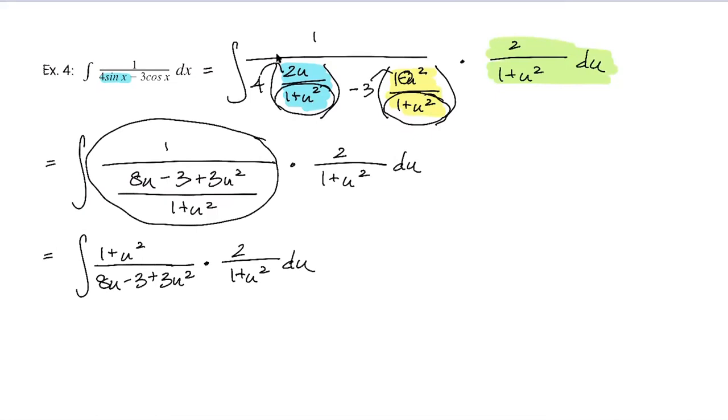Okay, so again, that 1 over just means the reciprocal. And what that allows me to do is reduce those two pieces. And so I end up with 2, because I'm going to take that constant out to the front, the integral of 1 over 3u squared plus 8u minus 3 du.